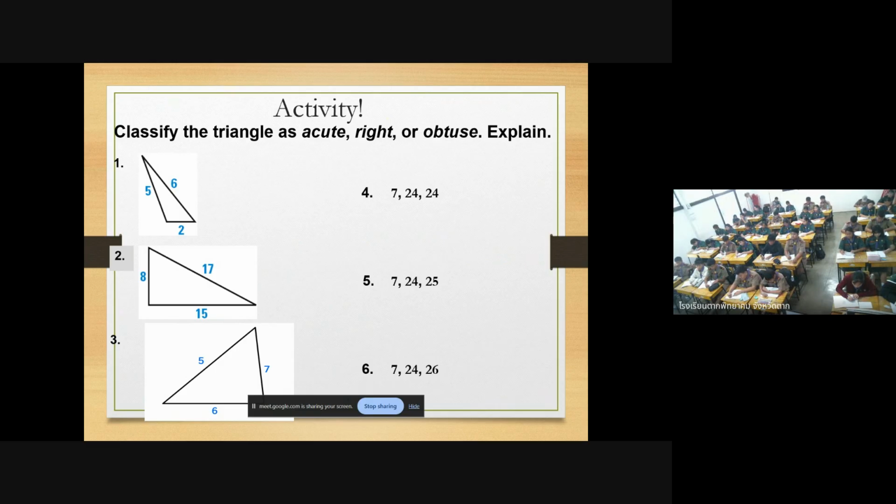And then 4, 5, 6, you need to solve it and then classify what type of triangle that is based on the converse Pythagorean theorem. I'll give you 20 minutes to finish that and 10 minutes we will check that. We will check it today.